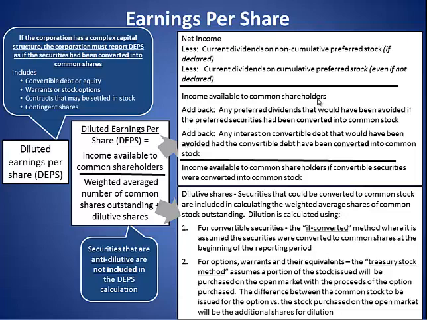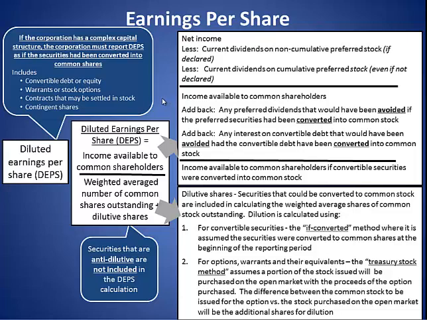However, what we're going to do is we're going to basically assume under diluted earnings per share that the securities that could be converted to common stock are converted. So we need now to assume that all the convertible securities are being converted to the common shares.